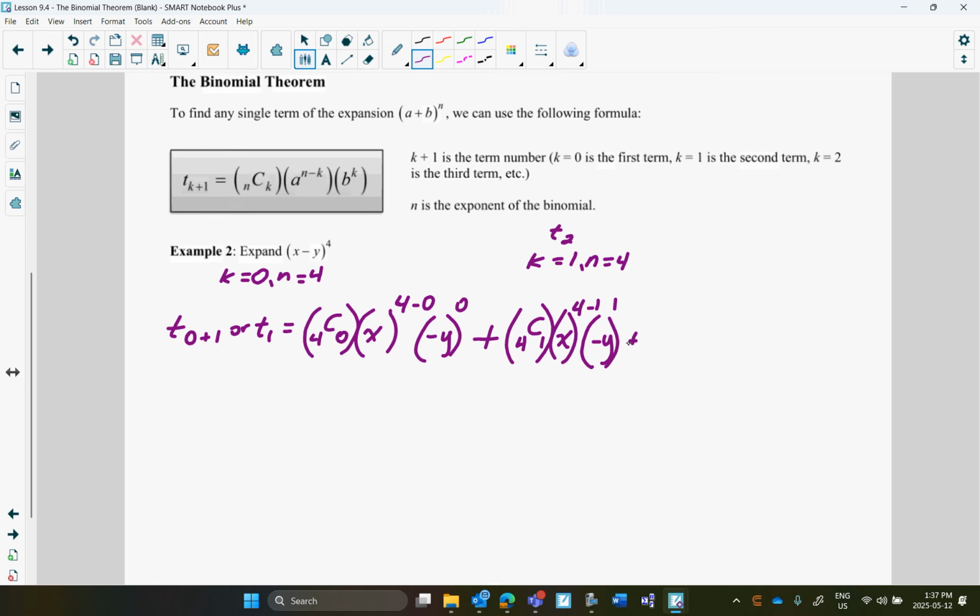The next one, T3, term 3, k is equal to 2, n is still equal to 4. 4 choose 2, and then x raised to the 4 minus 2, negative y raised to the 2.